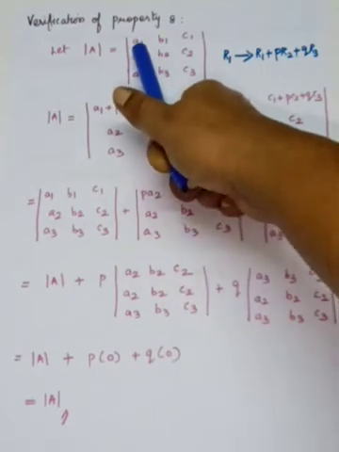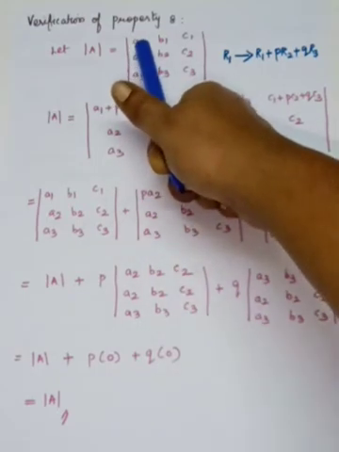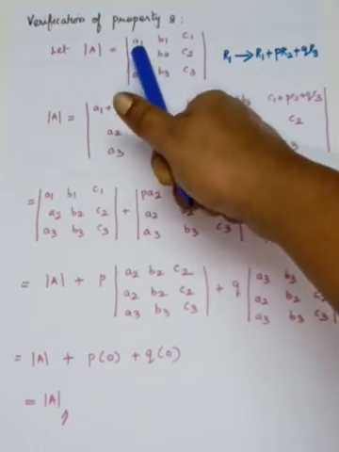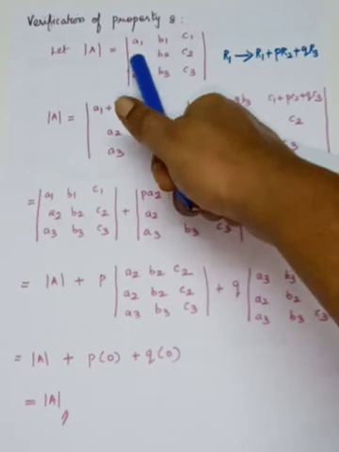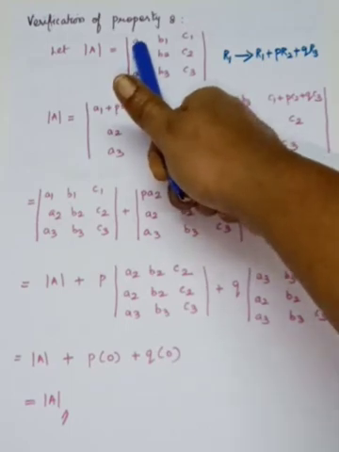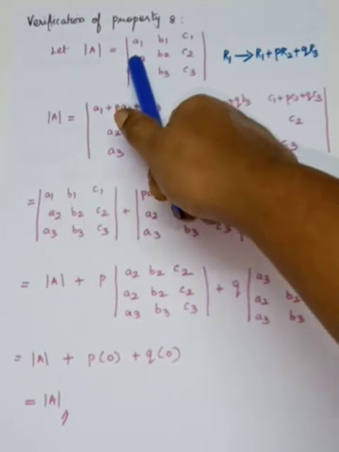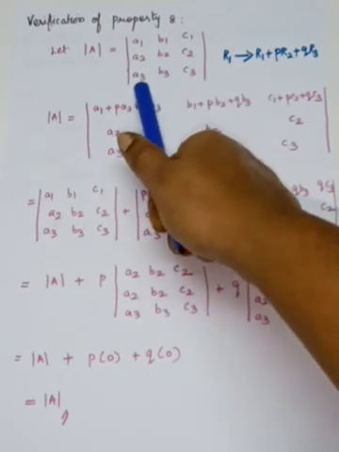See, A1 is the first row first element. So it has to be added and multiplied with the corresponding entries. That means the second row first element. The first row first element has to be added with the first element of the second row, and with the first element of the third row.